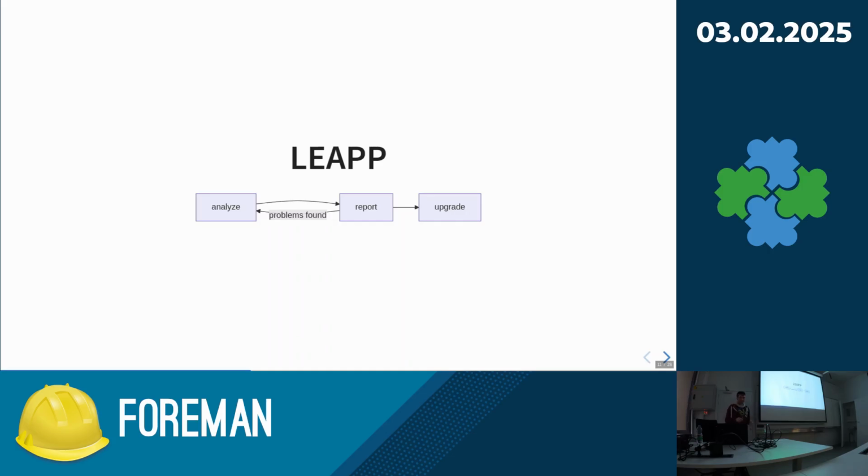How Leapp works: it has an analyze phase that you run with the leapp preupgrade command. It will essentially scan your system, and after the scan has happened, it knows a lot of things about your system, like what repositories are enabled, what packages are installed, what services are configured, what configuration is in the services.